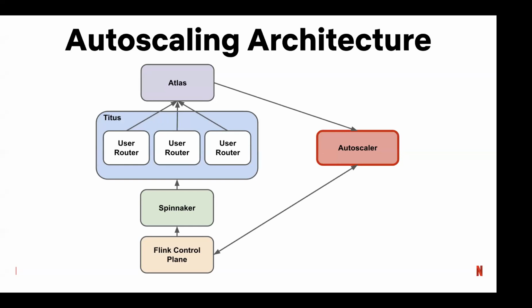The autoscaler would then consume these Atlas metrics and make scaling decisions. Once the autoscaler makes a scaling decision, if it wants to resize a router, it would invoke the Flink control plane, which would then delegate the request to Spinnaker, our cluster management layer, which would then talk to Titus to add or remove nodes from a particular router cluster.